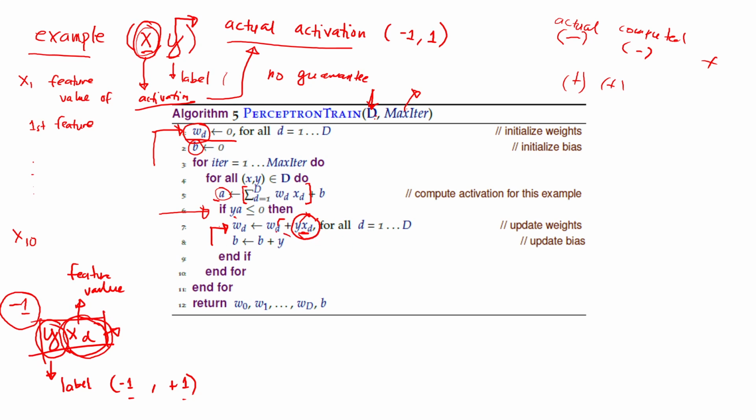And then we also update the bias, and we do all this to all the examples, and then we iterate over all the examples based on the max iterations we provided here as an argument. So let's say we put here 3, it would iterate over all the examples 3 times over and over again.